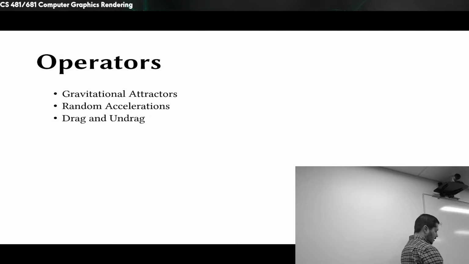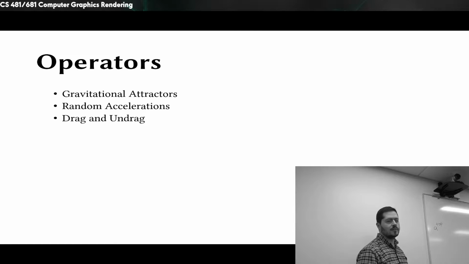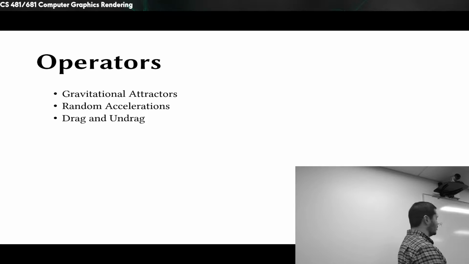What's nice about the difference between these and the velocity ones is that the acceleration ones typically tend to be physically based, to some degree. We're going to see real quick how we can make that not so physically based. But if you have an additive operator, then overall you might have several.